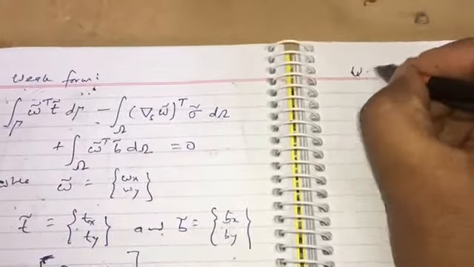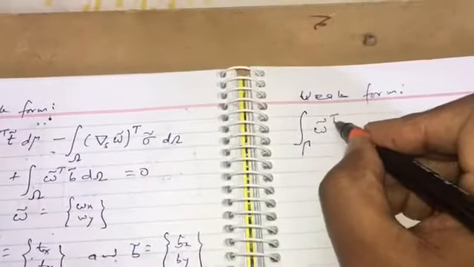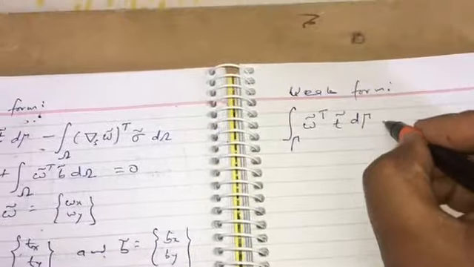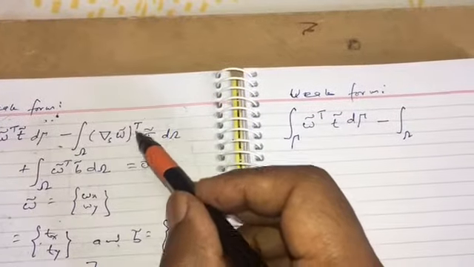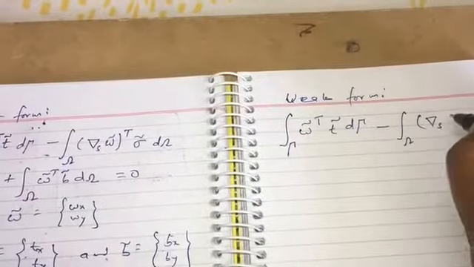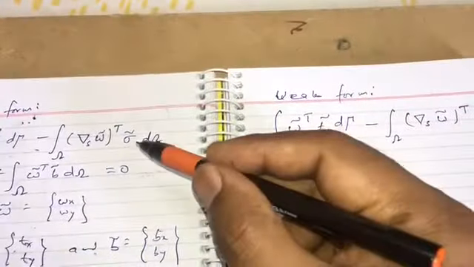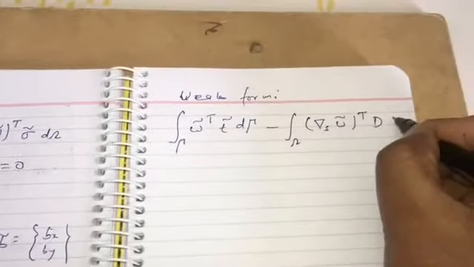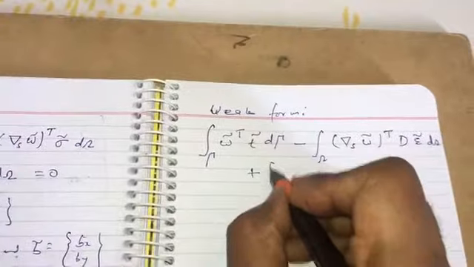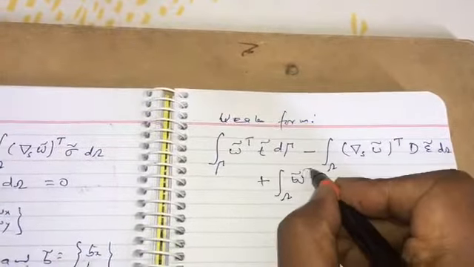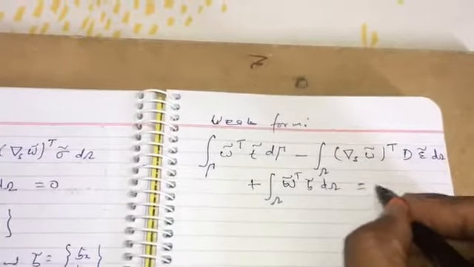So weak form now becomes: integral over gamma of W transpose traction d gamma, minus integral over omega of del S W transpose, and sigma we write as D epsilon, d omega, plus integral over omega of W transpose b d omega is equal to 0.